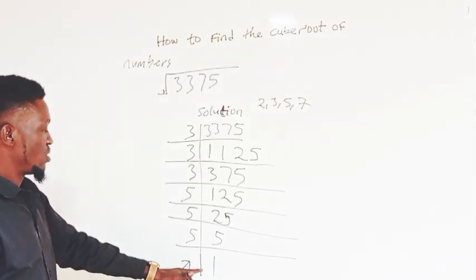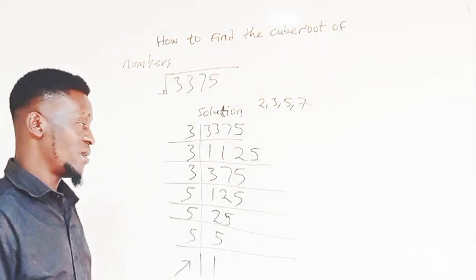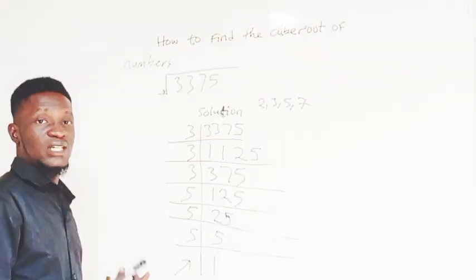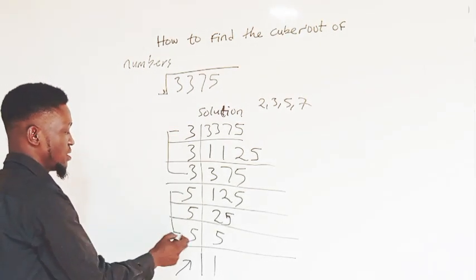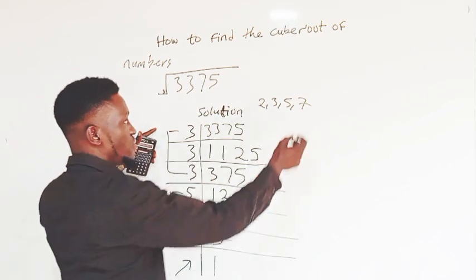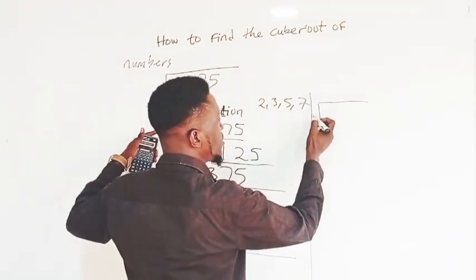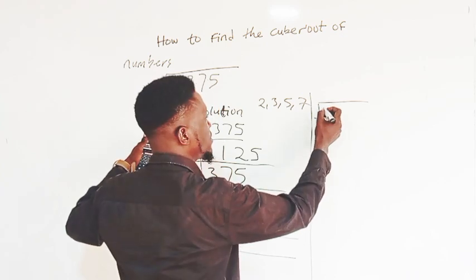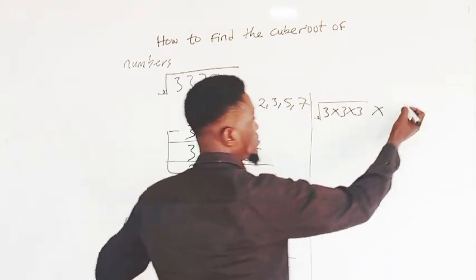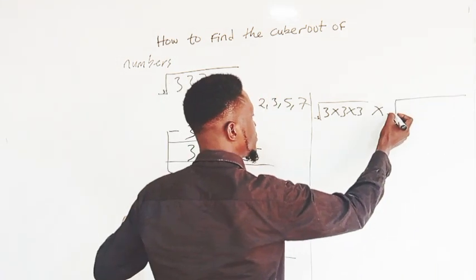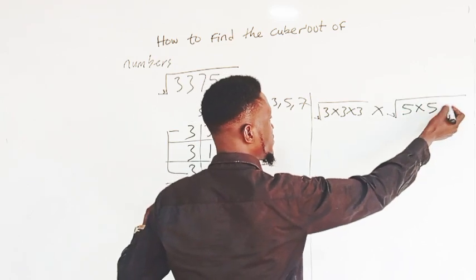The next step is to group these numbers. I'm going to group them in threes, like this. I'll say cube root of 3 times 3 times 3, also grouped in three, 5 times 5 times 5.